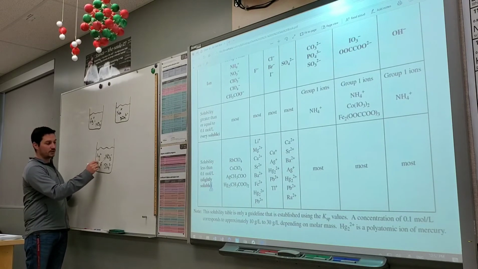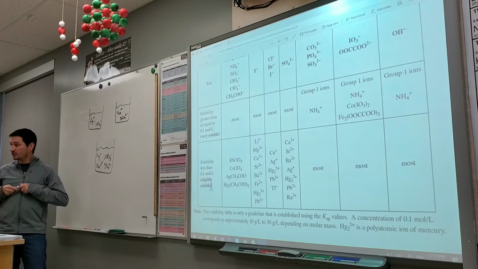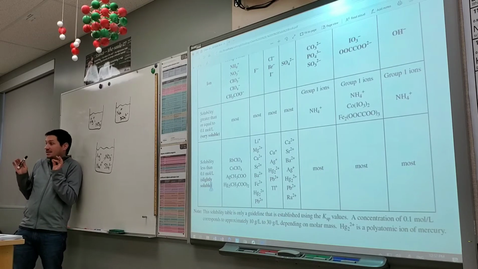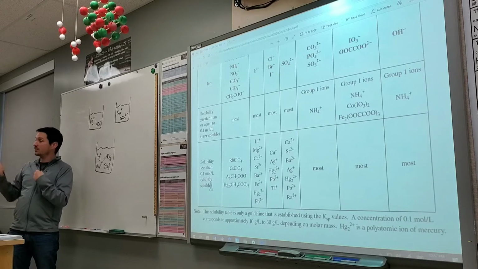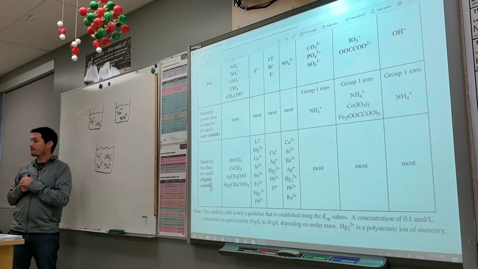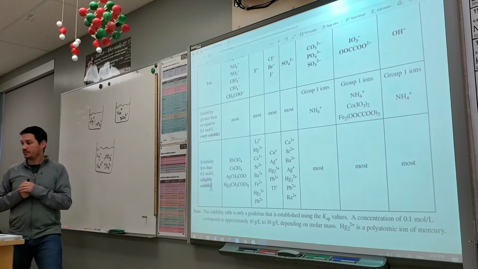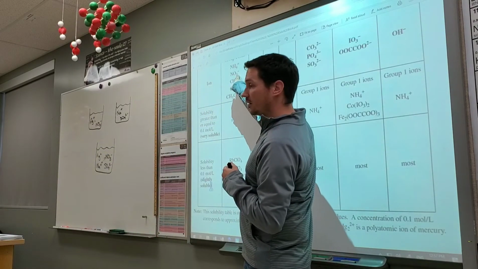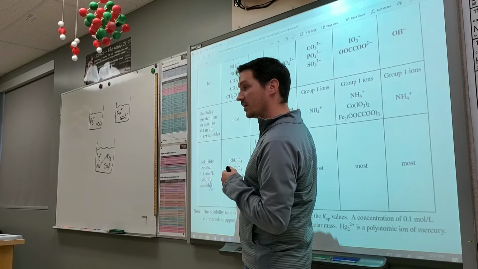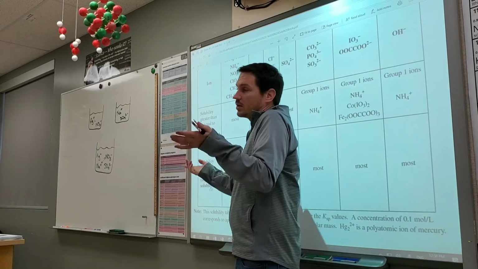Sodium and nitrate? The only reason I'm double checking is because you're hesitant. Look at the table. Do sodium and nitrate make a precipitate? I see nitrate here. Do you see sodium nitrate down here? No, so they don't make a precipitate.